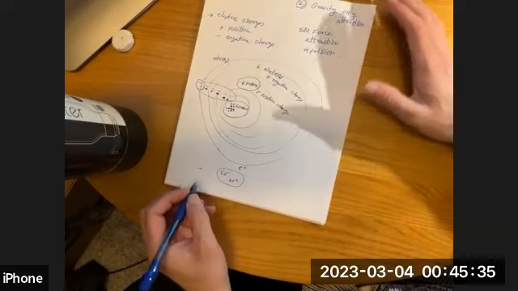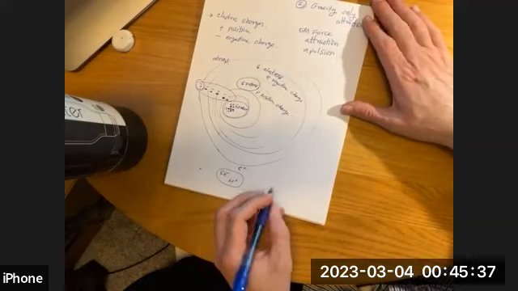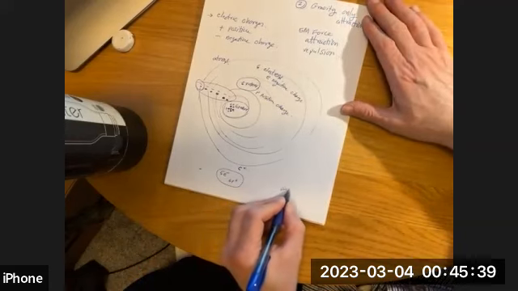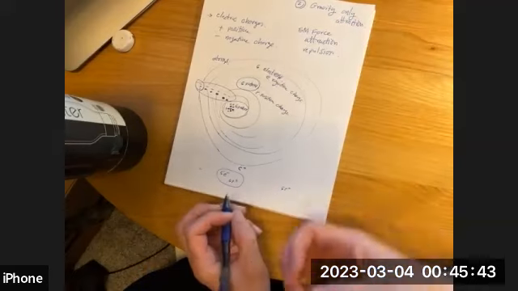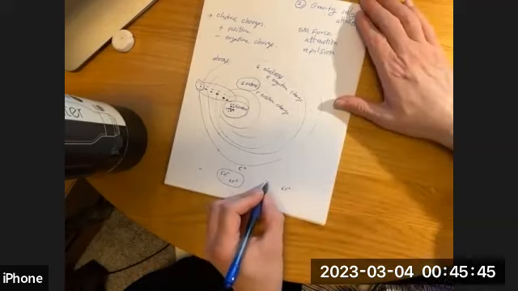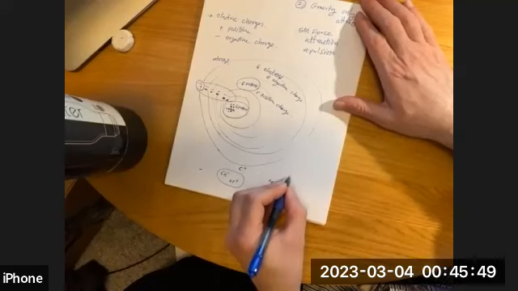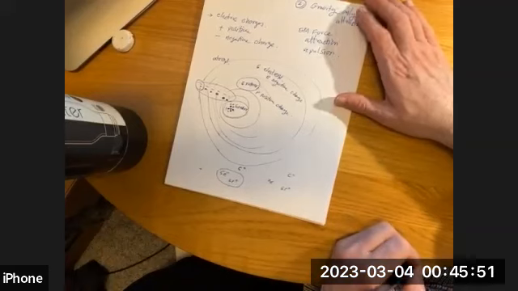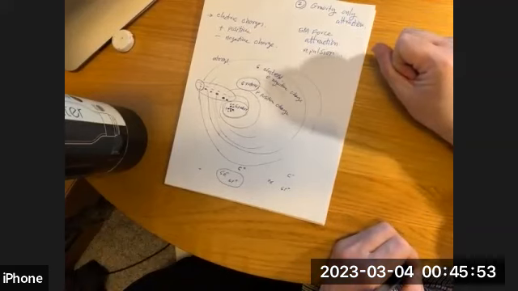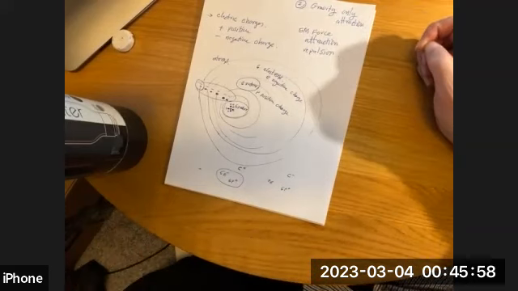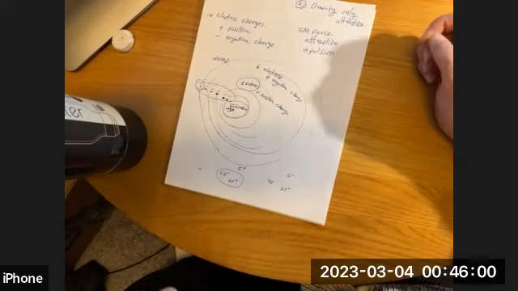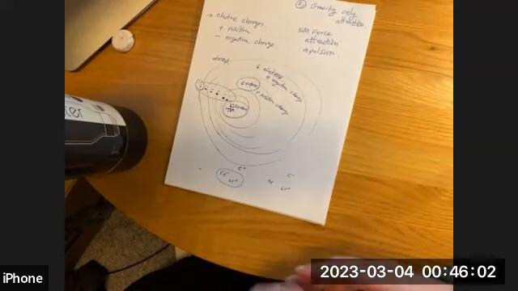At the same time, another carbon atom that has 6 protons might get a new electron, then it will have 7 electrons and become negatively charged. That's how we can have a positively charged object and a negatively charged object.